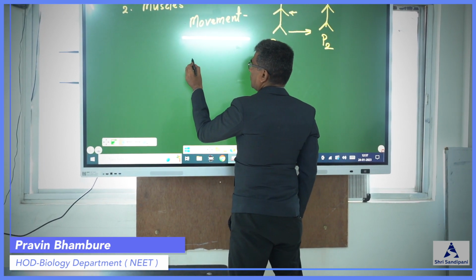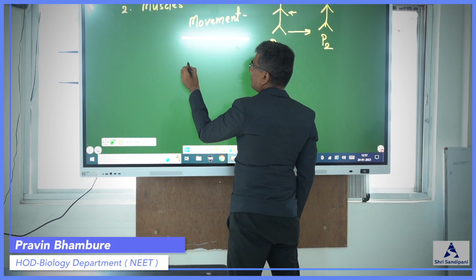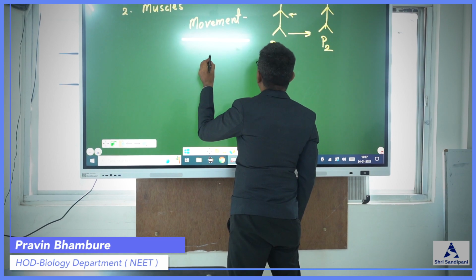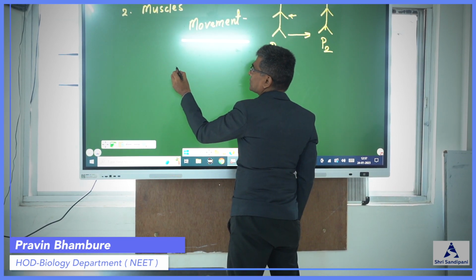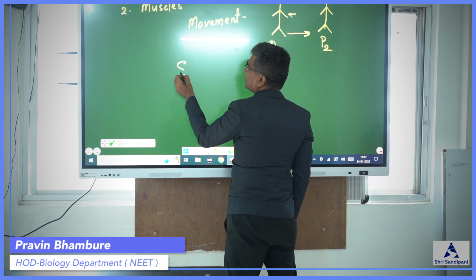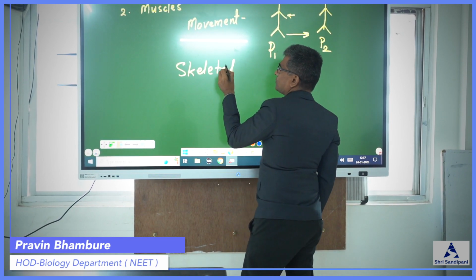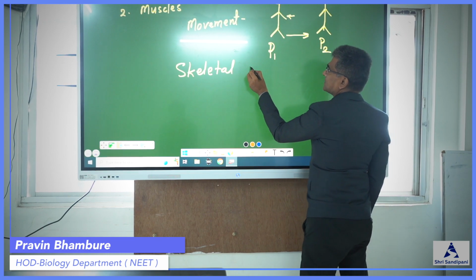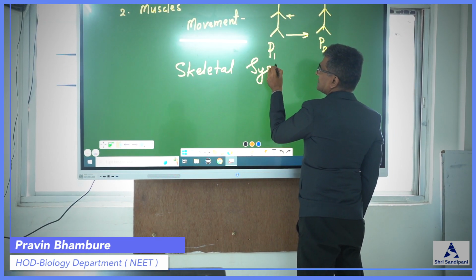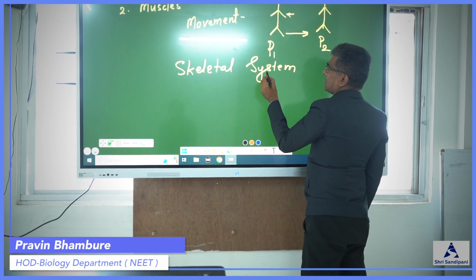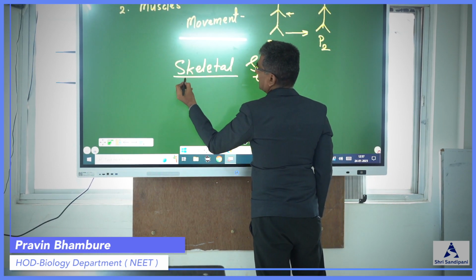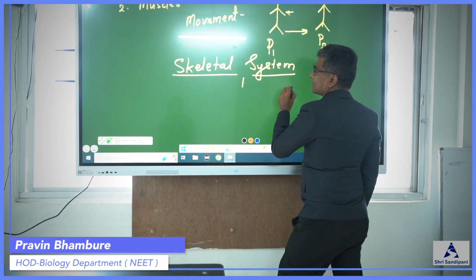Now let us talk about what is that system which is helping us to make movement and locomotion. So we will be talking about the skeletal system. In this chapter there are two major areas, skeletal system and muscular system. So when we talk about the skeletal system, we are restricted to two major areas.